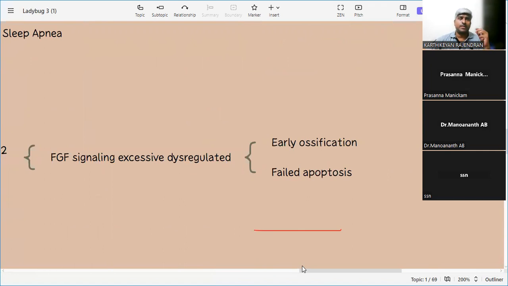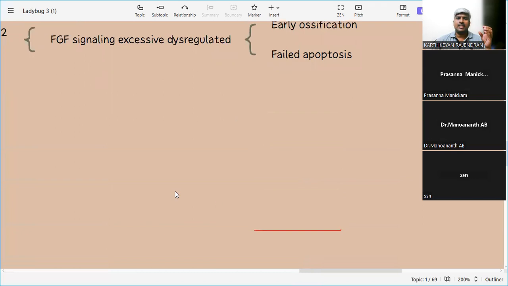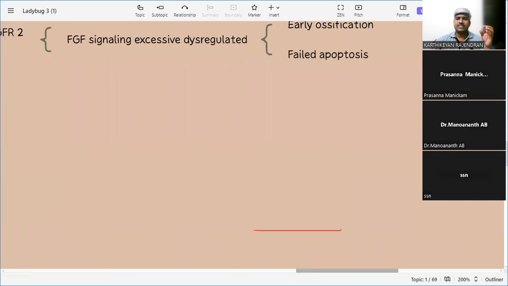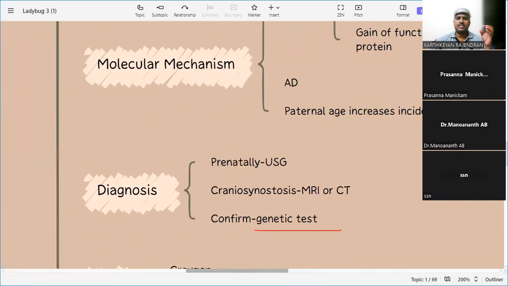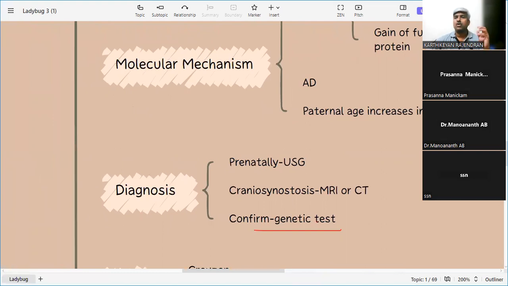That is why premature ossification of the skull occurs, producing craniosynostosis, and failed apoptosis leads to syndactyly in the hands. That is the molecular mechanism by which the fibroblast growth factor receptor missense mutation produces Apert syndrome.